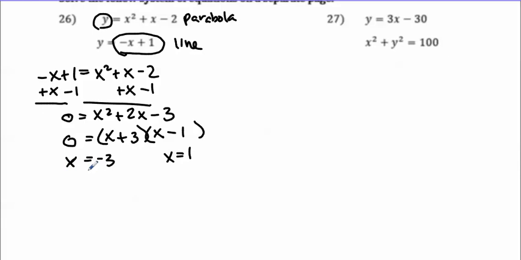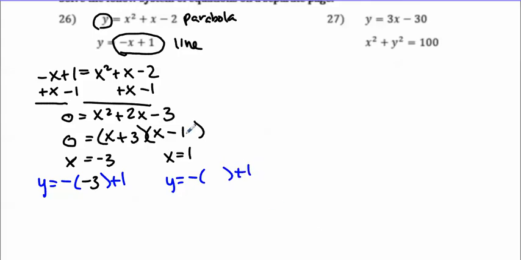So I'm going to substitute these back into one of the equations to find the y values. Now, you can substitute them into either one, but the linear equation is much more simple. So I'm going to use that one. Y equals negative x plus 1. And then I'm going to plug that x value that I found, negative 3, into the equation. Same thing for this one. Y equals negative x plus 1.